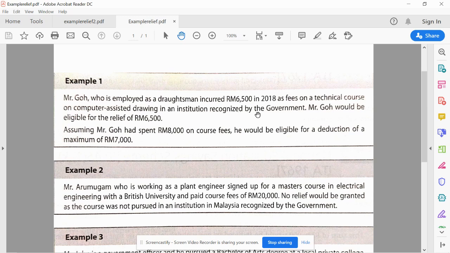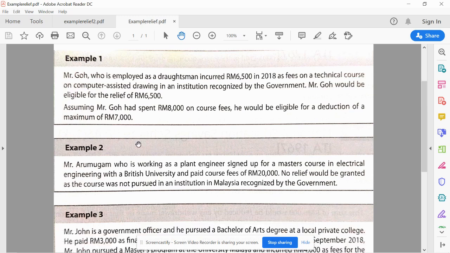Here, the keyword is recognised by the government, so Mr. Goh would be eligible for the relief of 6,500 ringgit. Assuming Mr. Goh had spent 8,000 on course fees, he would be eligible for a deduction of a maximum of 7,000 ringgit. So remember, the maximum is 7,000 ringgit. So if he spent 8,000, the maximum deduction is only 7,000.